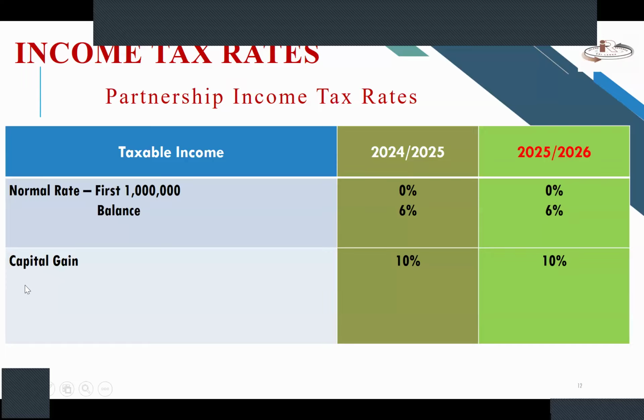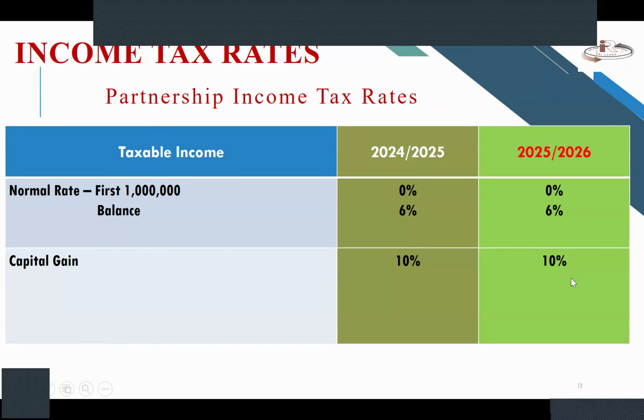Actually, I made an error in the previous presentation slides. In the taxable income part, I mentioned capital gain tax for 25-26 as 15%. Actually, it is effective from the date of certification of the amendment act. So it happens in June 2026. So from the 26-27 year of assessment, the applicable capital gain tax rate is 15%, not for 25-26.